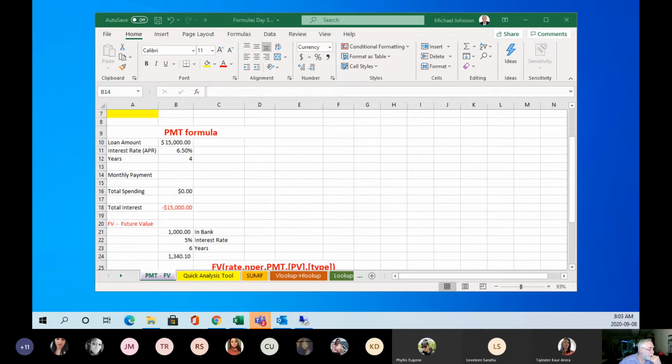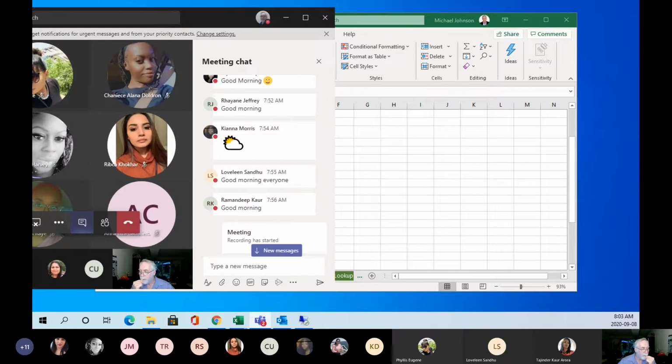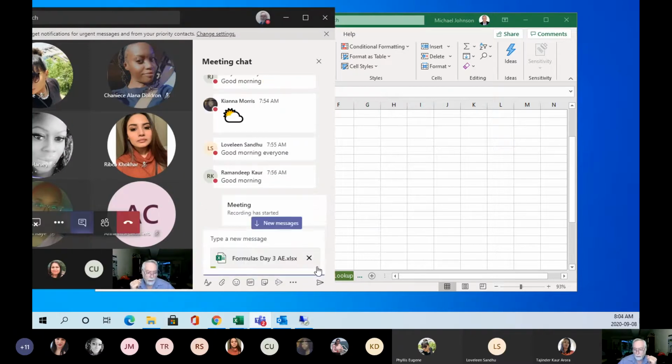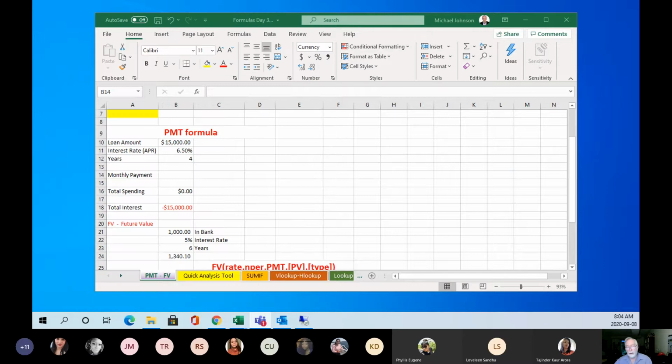So just looking for that one file, I'm just going to share it with you again so that you do have it available to you. Inside the chat, I'm sharing that file just to make sure that you'll be able to access it and use it.